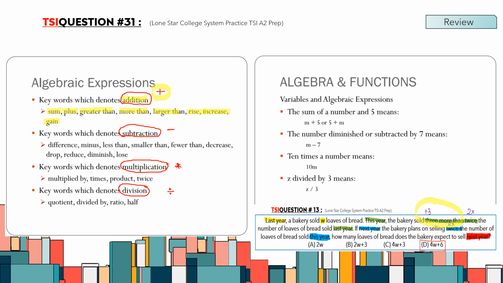You can watch question number 13 again to see more detail. Okay, so for subtraction, we have difference, minus, less than, smaller than, fewer than, decrease, drop, reduce, diminish, lose.